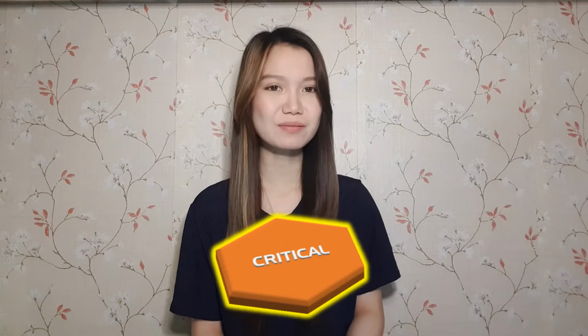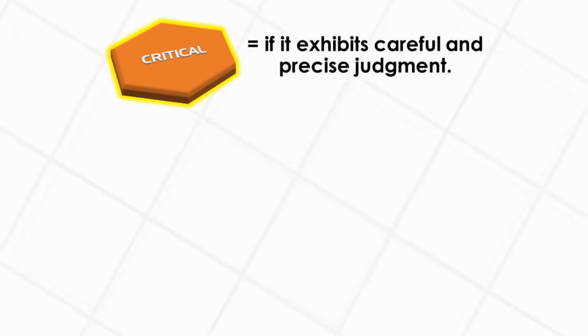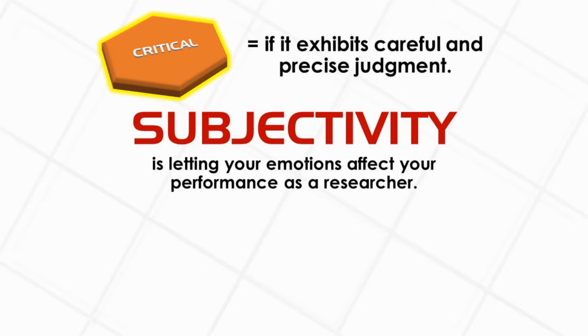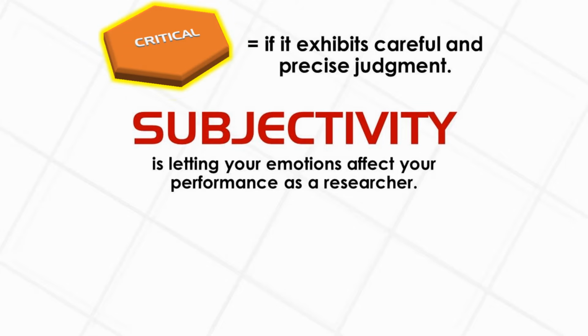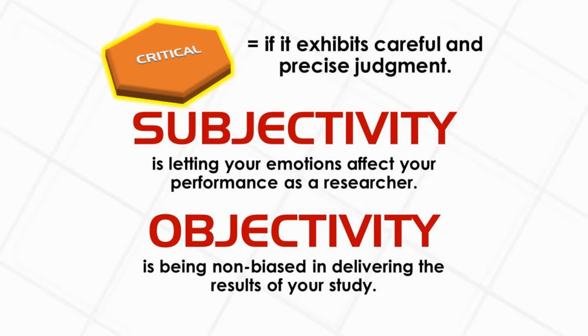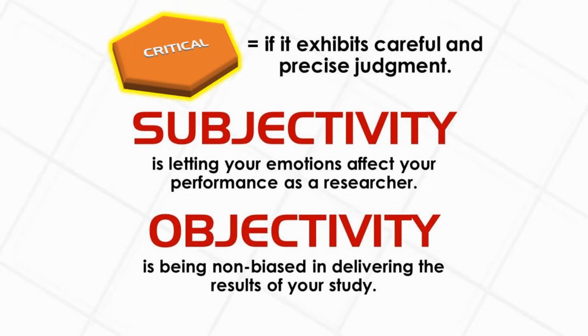The next one is critical. Research is critical if it exhibits careful and precise judgment. In research writing, we have to be very careful when it comes to jumping into conclusions. Always remember to not be subjective in interpreting the results, to always be objective or non-biased in doing so.